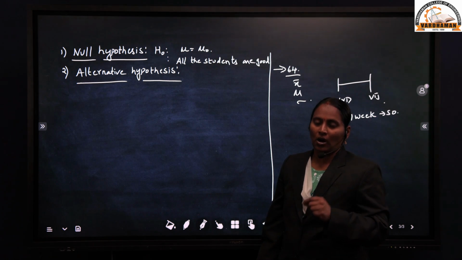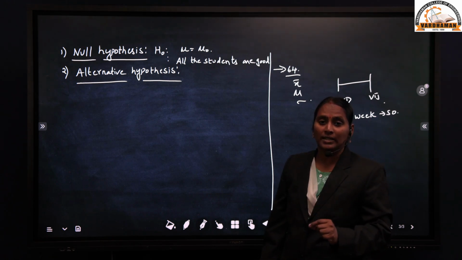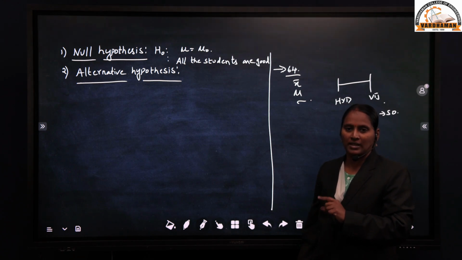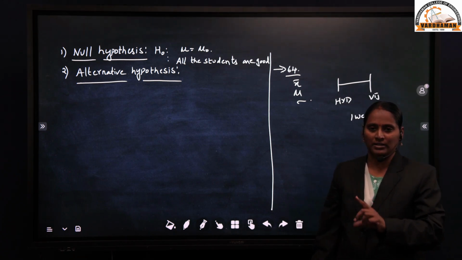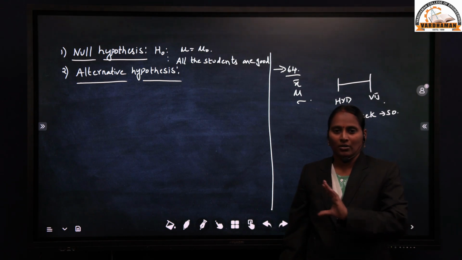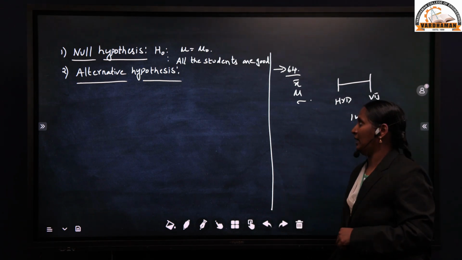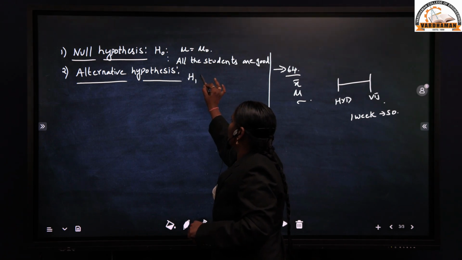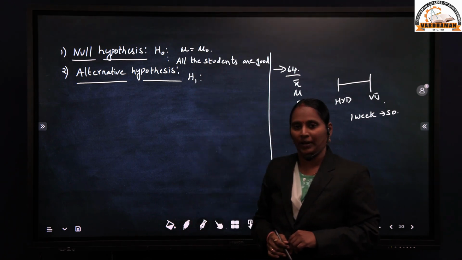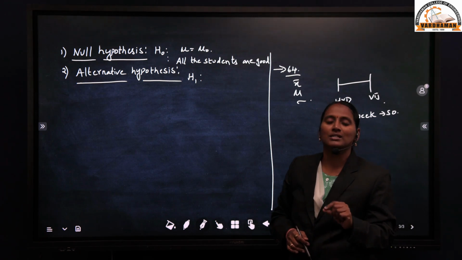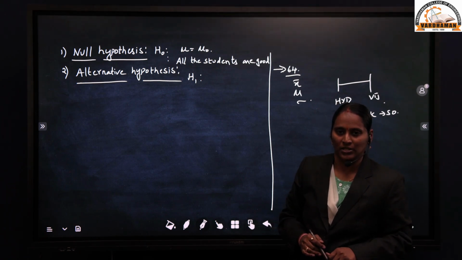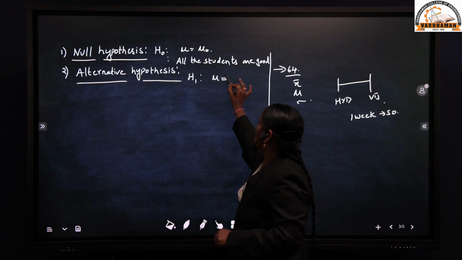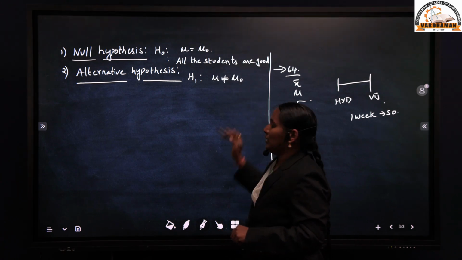For the alternative hypothesis, you are going to check whether there is any significant difference in the data. You collected some data of 64 members, with the average mark, the mean value, and the standard deviation value. We define the alternative by H1. H1 is that there is some significant difference in the given data, so we write H1: mu not equals to mu naught.